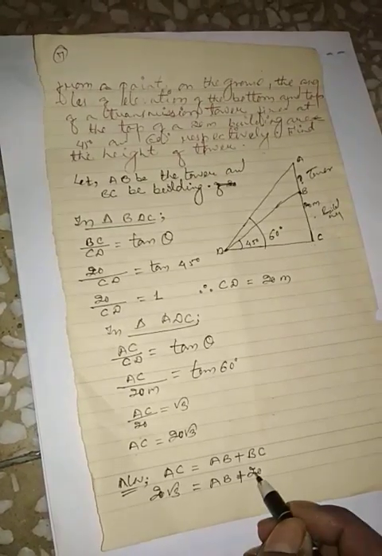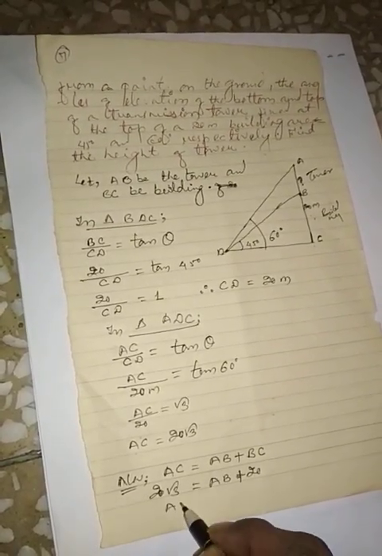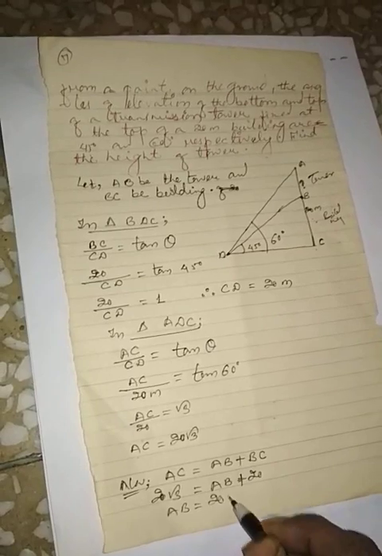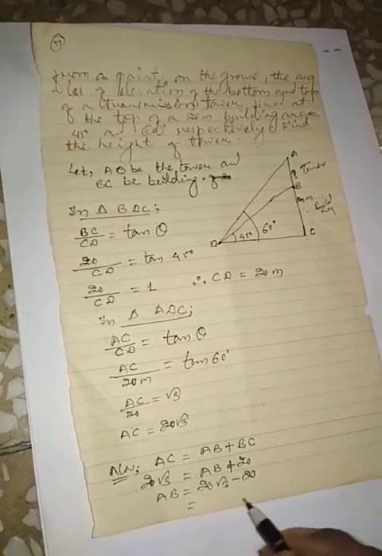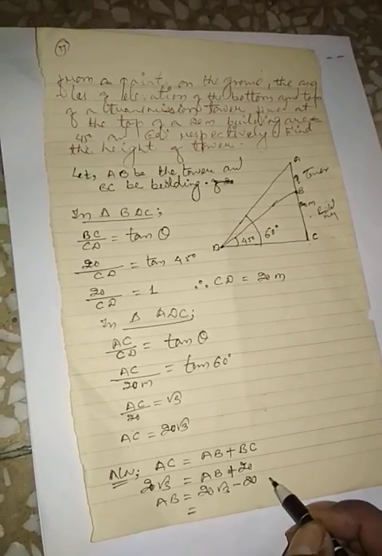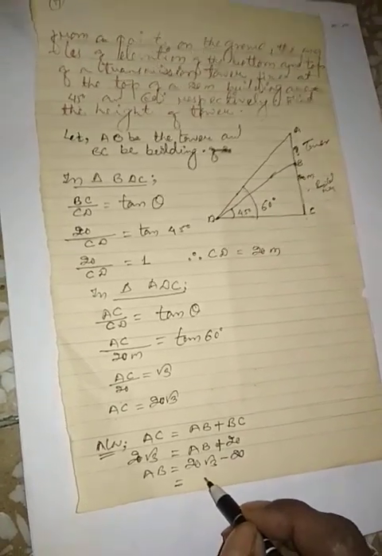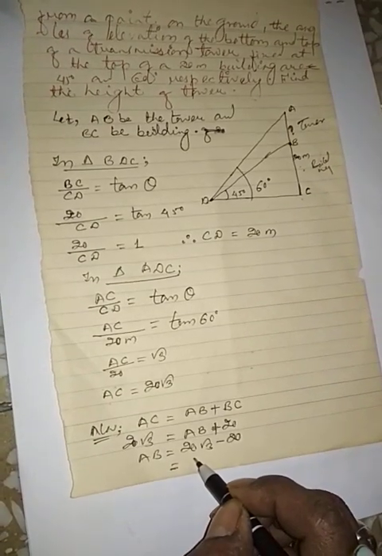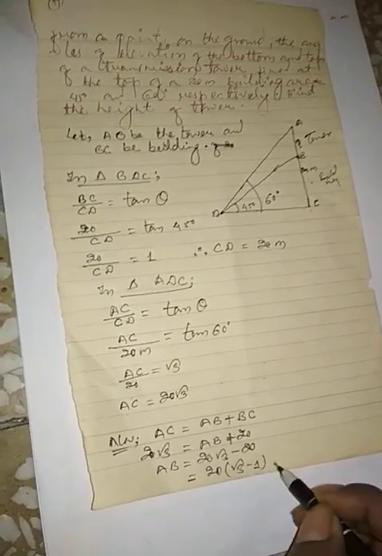Now I shall transfer this 20 to take out AB. So AB equals 20 root 3 minus 20, and rightly I shall say, if I take out the value of this, it's also your answer, but we can take out the common. So in order to take out the common, select 20 as common: 20 times under root 3 minus 1. So it's your final answer.